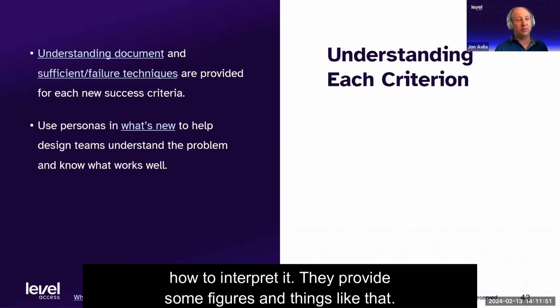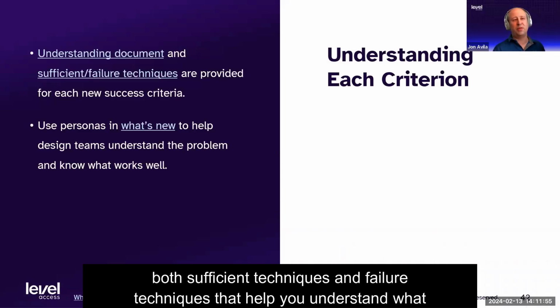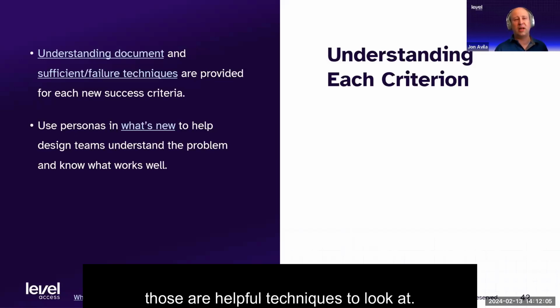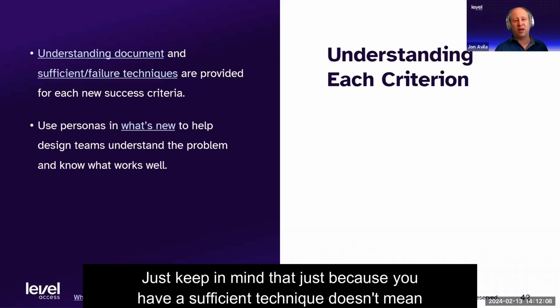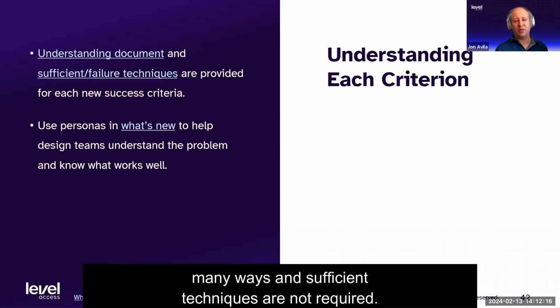They provide some figures and things like that. There's also techniques, both sufficient techniques and failure techniques, that help you understand what can I do to meet the criteria and what would fail it. Those are helpful techniques to look at. Just keep in mind that just because you have a sufficient technique doesn't mean you have to follow that. There are many ways you can meet any of the criteria, many ways.